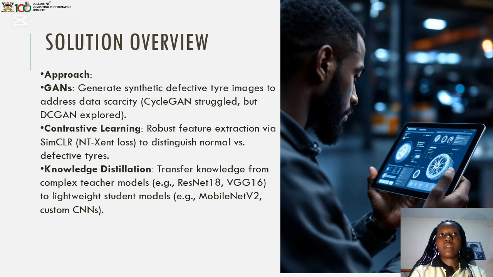Most of our models, or we could say like 90% of the models we have right now, used contrastive learning to distinguish normal tires from defective ones. Then we also explored knowledge distillation, where a complex teacher model trains a smaller, lightweight student, for example the MobileNet or the custom CNNs, to make defect detection much simpler or easier.